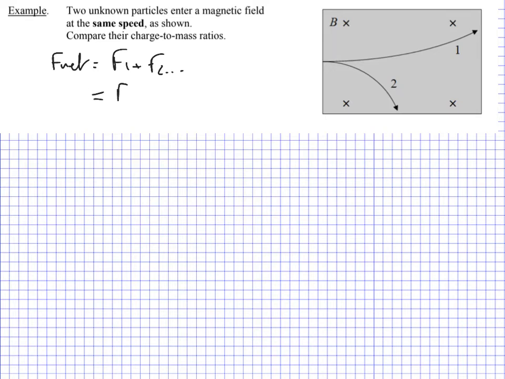It's coming from the magnetic force, and there is an acceleration because we have a changing velocity, so this is ma, but it's a particular type of acceleration. It's centripetal acceleration. And so we can then get to the statement which we are used to using, hopefully by now, which is mv squared over r is equal to qvB.